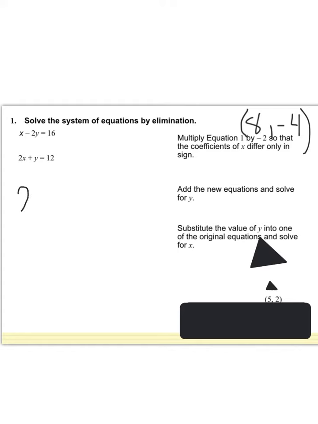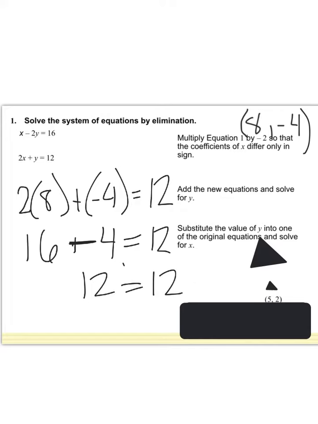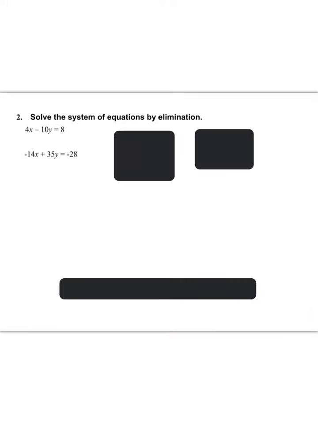So 2 times 8 plus -4 equals 12. 16 minus 4 equals 12. And it works. So we're good.